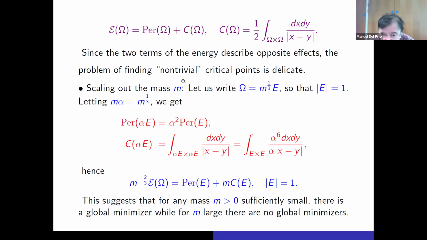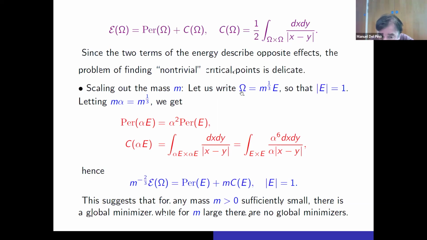And part of this is known already, in fact. So let me play the following game. Let me write omega as m, which is the prescribed mass. When I say mass and volume, I use them in an exchangeable way. Okay.